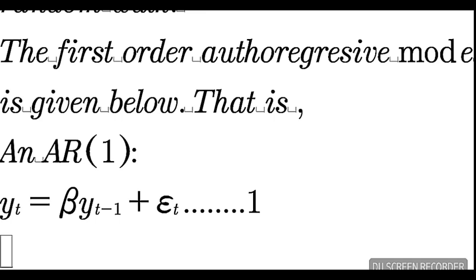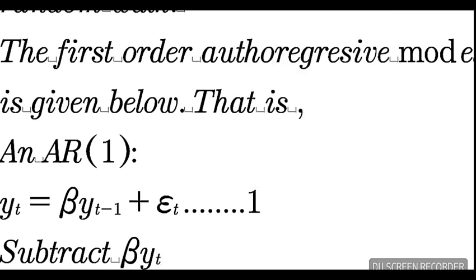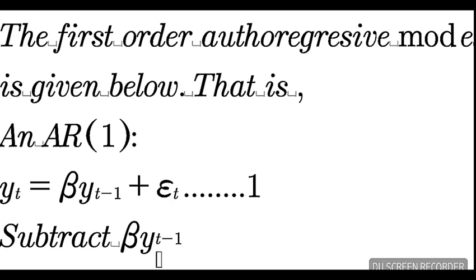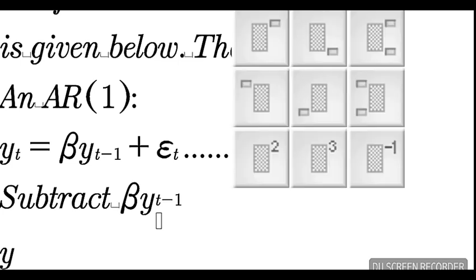Doing that, let us subtract the first lag of y from both sides of the equation, that is beta y sub t minus 1. If I subtract from both sides, I shall obtain a new equation, that is my equation 2.